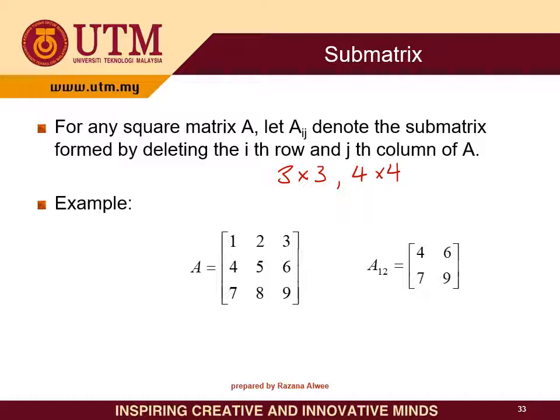If you want to find the determinant of A12, 1 is row, 2 is column, so you must delete the first row and the second column. And these 4 numbers will be your determinant for A12.